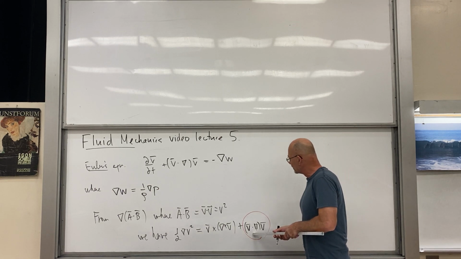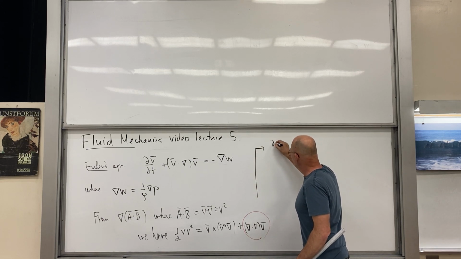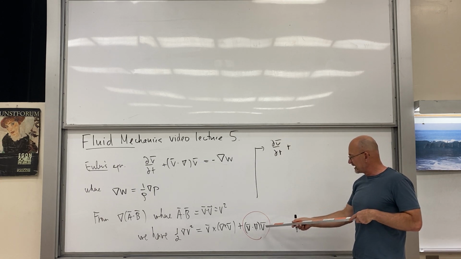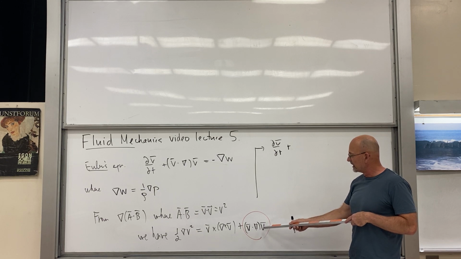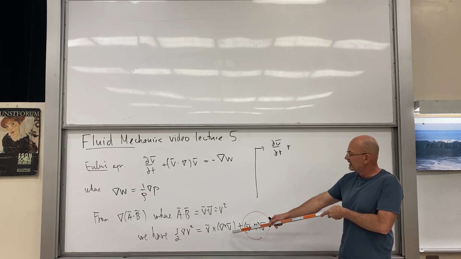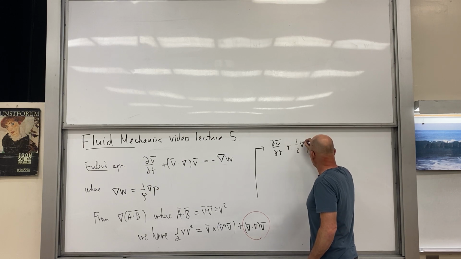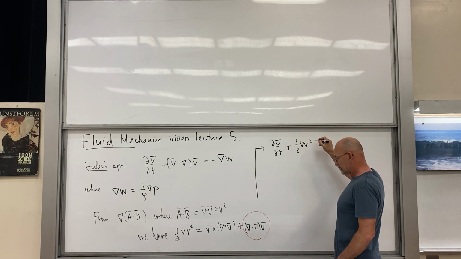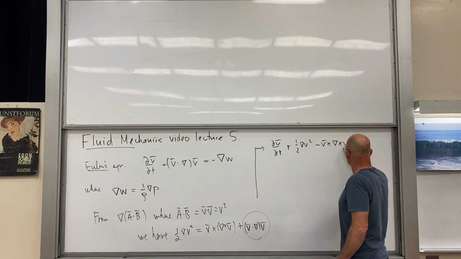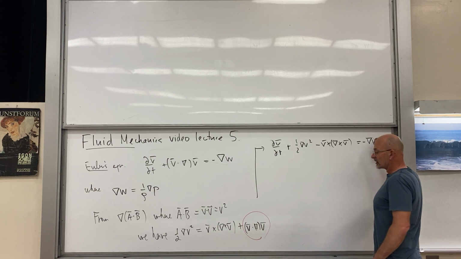So we make that substitution in Euler's equation, and we now have dv dt plus. So that v dot gradient of v is now equal to 1/2 gradient v squared minus v cross curl of v. So that's what we can plug in there. So plus 1/2 gradient of v squared minus v cross curl of v equals minus gradient W there.